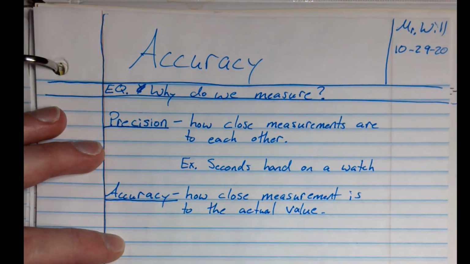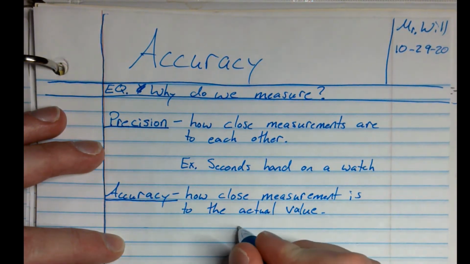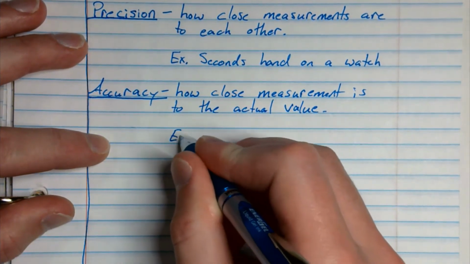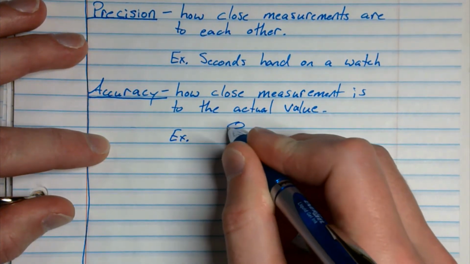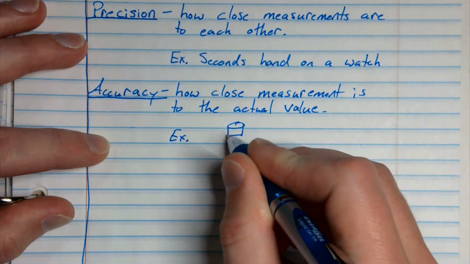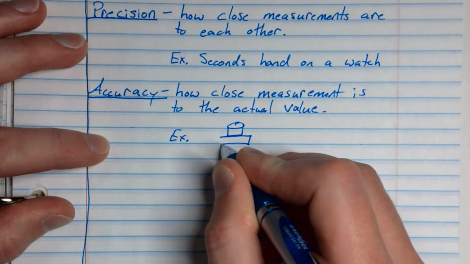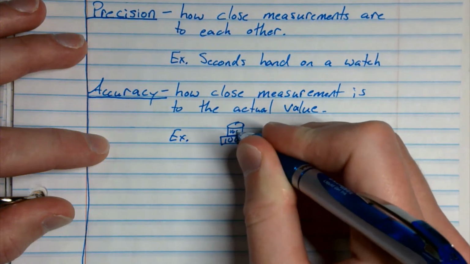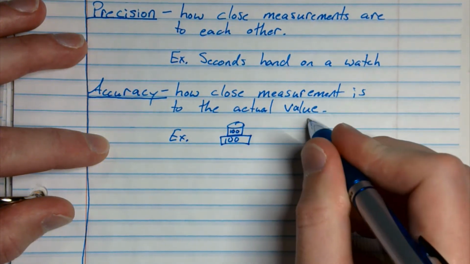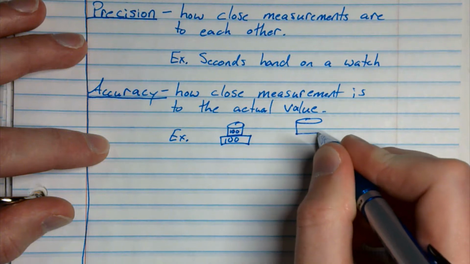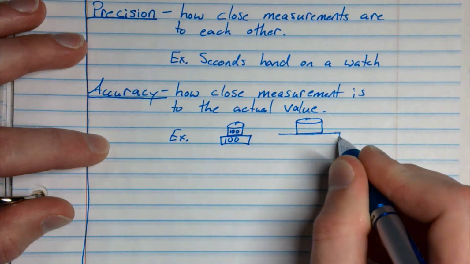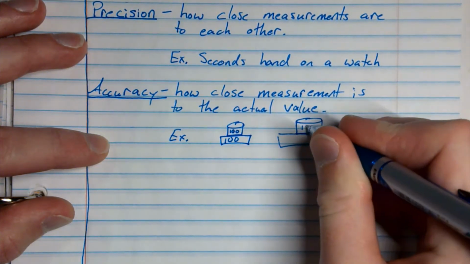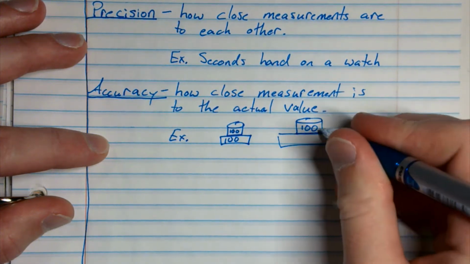For that example, we're going to draw our little scales because it looks good. So I'm going to draw my scale, and then that could be on a box. And this says 100, and this says 100. And then I'm going to draw another one. They're not the same size, obviously. I need to work on that.